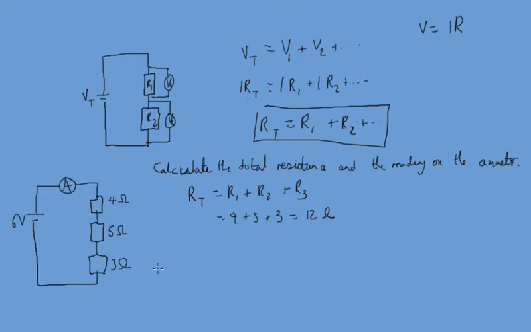Now, you could, if you wanted, just draw another circuit, and instead of having 3 resistors, you can turn that into one 12 ohm resistor, and then you've got a nice simple circuit diagram to then work out the current, because we've got V equals IR, the voltage is 6, we don't know the current, and that's times 12 ohms. So the current must be 6 divided by 12, which is 0.5 amps.